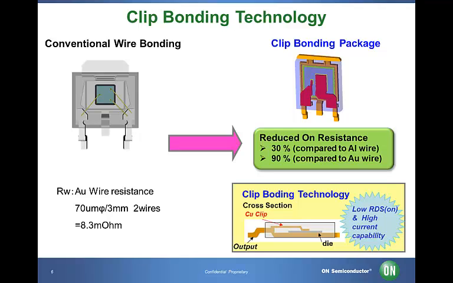The resulting reduction is on the order of 90% compared to gold wires and 30% compared to aluminum wires. Besides, the advantage of the ATPAK, as we mentioned earlier, is that the package cost is about the same as that of the DPAK. Therefore, the ATPAK can be a great replacement for the current DPAK MOSFETs, but with better characteristics.